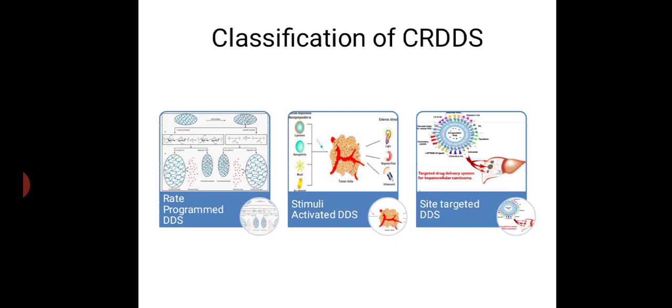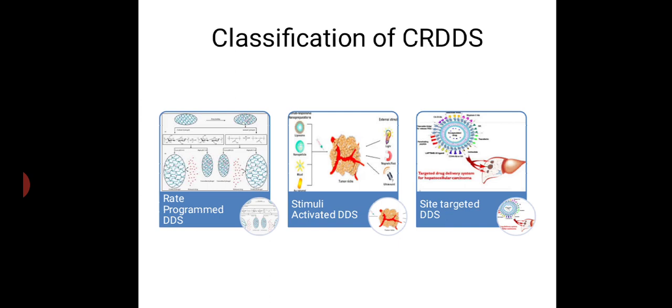The delivery system responds to the stimulation by releasing the drug. That means for a delivery system to release the drug molecule, it should receive a stimulation, and based upon the stimulation, it releases the drug molecule from the delivery system.